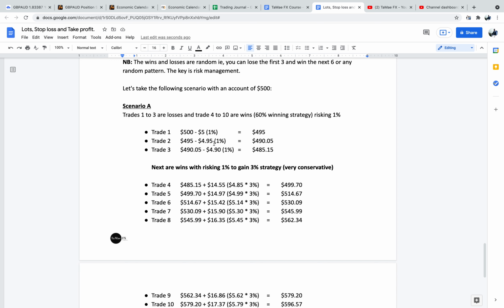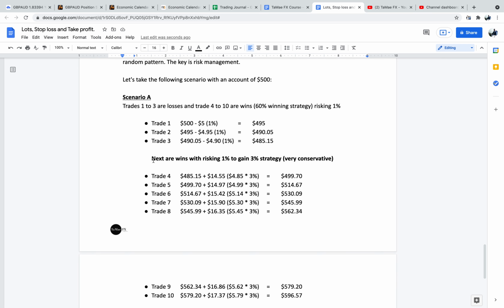Trade 2, again you risk 1%, you lose 1% of $495. Your balance becomes $490. The third trade, you have $490 and you lose $4.90, which is 1% of your account. You get to $485. Okay. The next are winning trades.